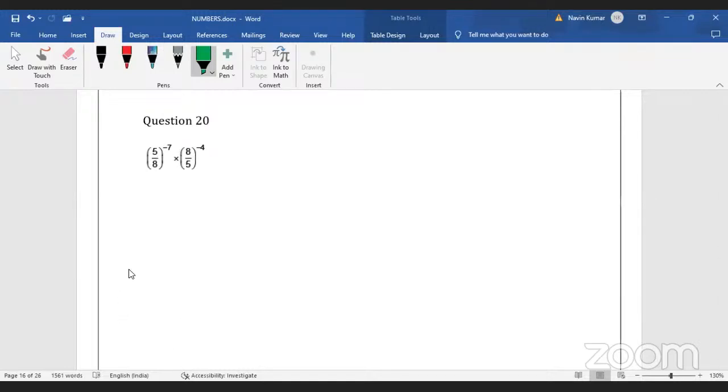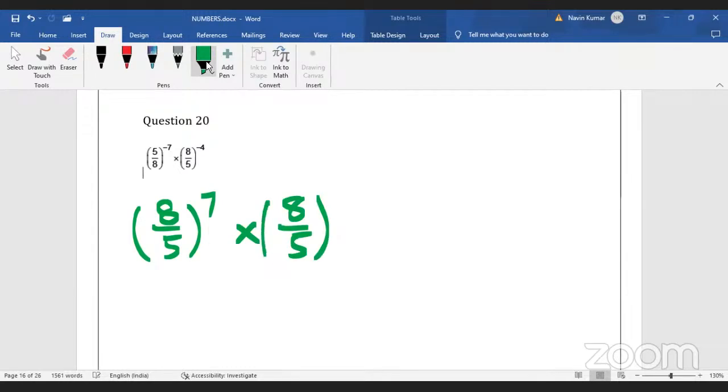We also learned that if you interchange numerator and denominator, the sign of the power will change, right? So I'm going to interchange numerator and denominator for any one. Let's say this first one. First one I can write 8 by 5 to the power of 7. Can I write like this? And this will be 8 by 5 to the power of minus 4.